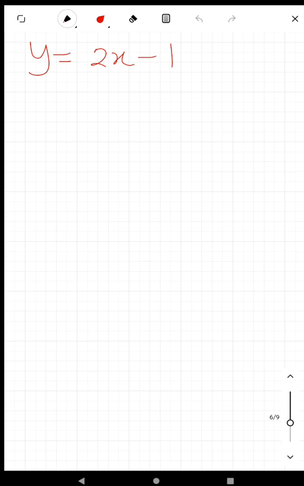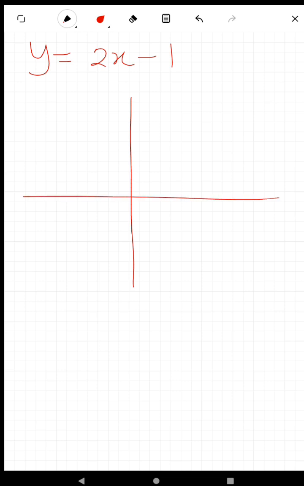So let's draw this graph. Let's say two boxes represent 1. Here is 1, this is 2, 3.